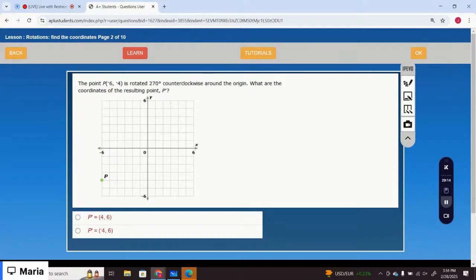The point P (-6, -4) is rotated 270 degrees counterclockwise around the origin. What are the coordinates of the resulting point P'?